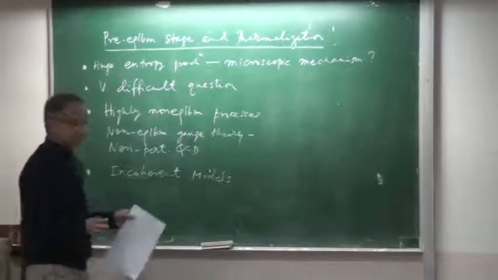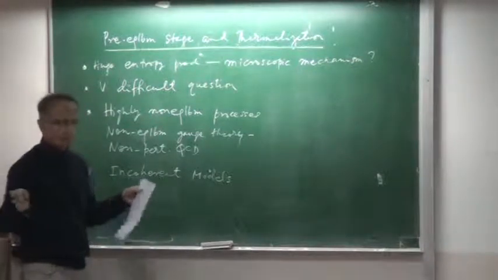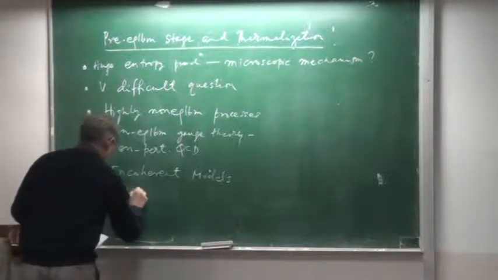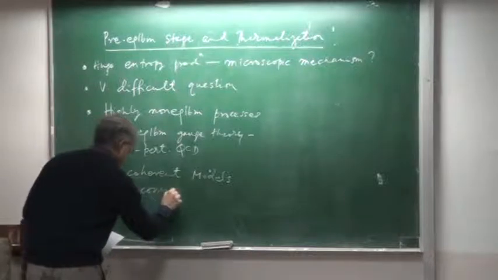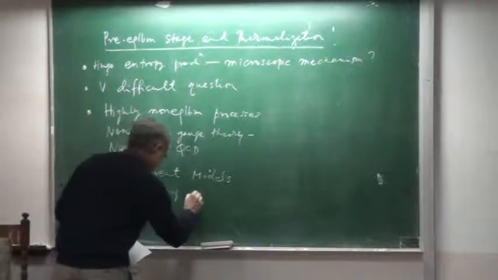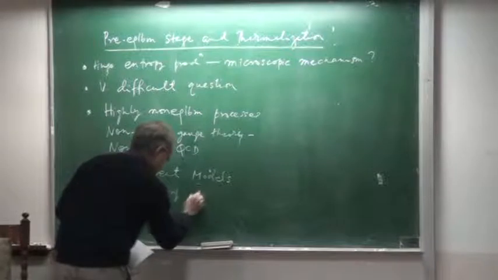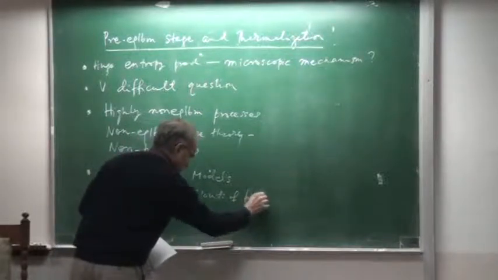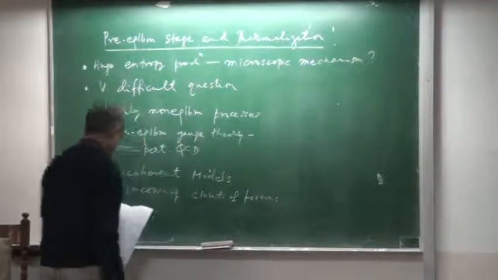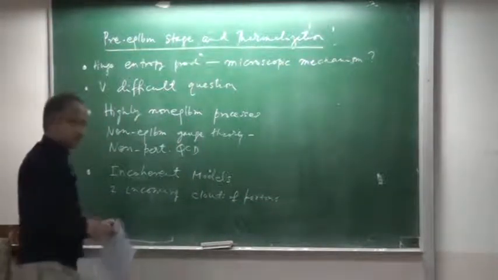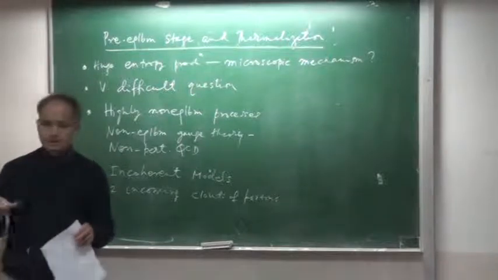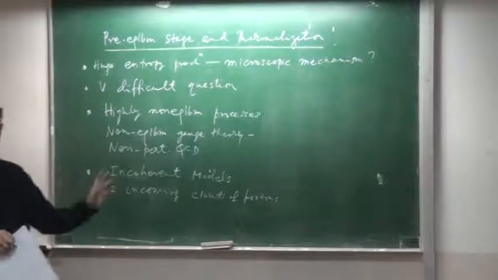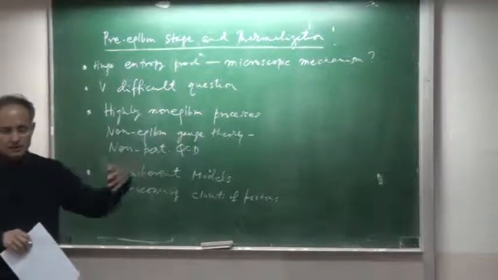So here one looks at the collision as a collision of two incoming parton clouds. And the collision is built up as a sum of individual collisions. A large number of partons coming this way, another large number of partons coming that way.